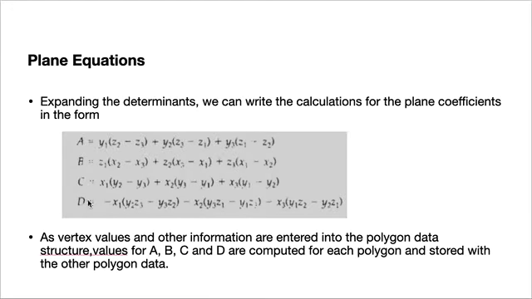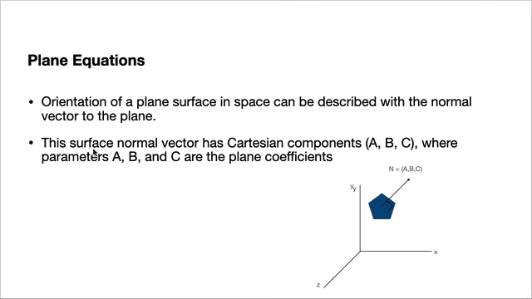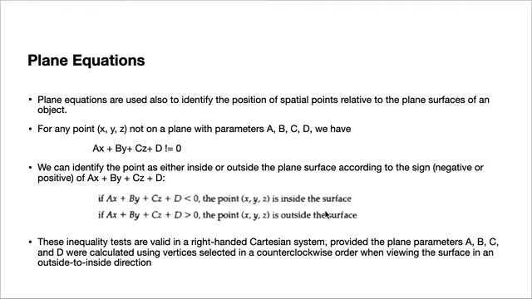Okay, so once you have found the plane coefficients, the normal vector is simply the Cartesian components A, B, C. From that you can understand the orientation of the plane or the surface that you are going to display. Okay, so that is about the orientation.